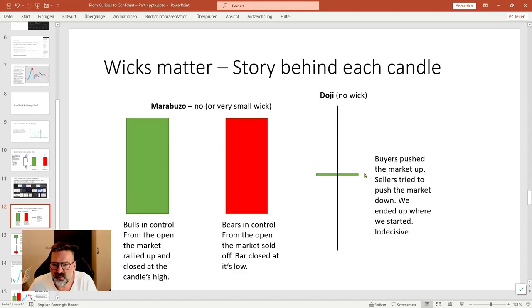That means this is indecisiveness, or neutral. So this is a very strong bullish example, a very strong bearish example. This is a neutral example, where the buyers and sellers decided for once, okay, this equilibrium is a price where we like to stay for the time being, this interval. It's neutral.